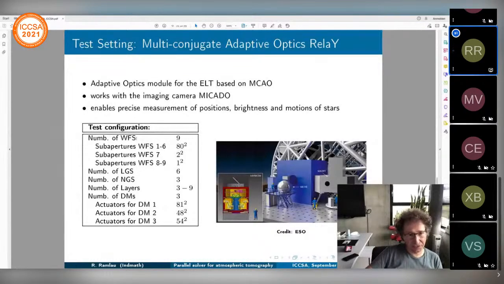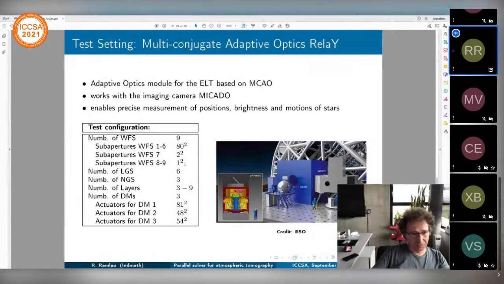So we have 9 wavefront sensors that collect the light of 9 guide stars. The first 6 wavefront sensors have quite a high number of sub-apertures. It's 80 by 80 patches of light that are actually measured, and sensors 7, 8 and 9 are relatively small, with only 4 by 4 and just 1 by 1 sub-apertures.